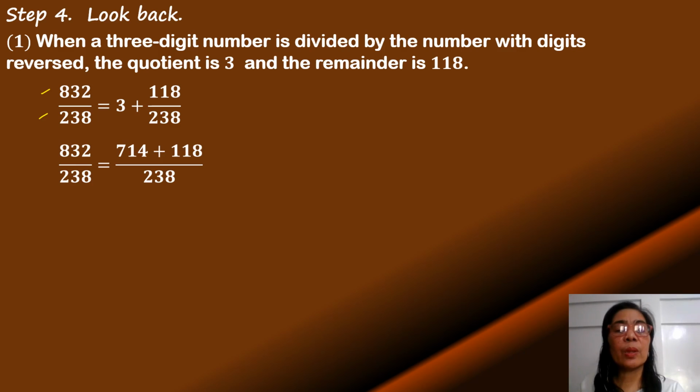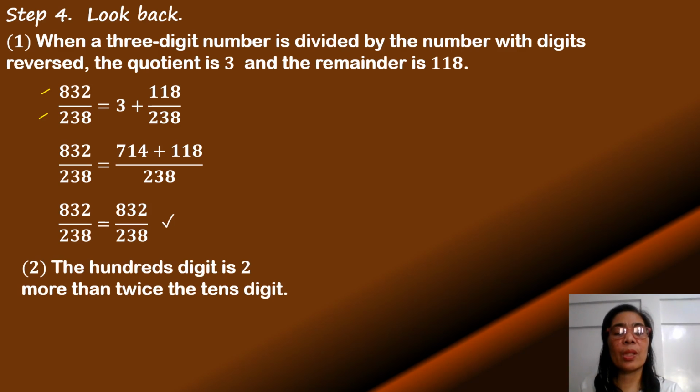So combining the two terms at the right side, we have the LCD is 238. In the numerator will be 3 times 238, which is 714, plus 118, we arrive at an identity, 832 over 238 is equal to 832 over 238. That means the first condition is satisfied.